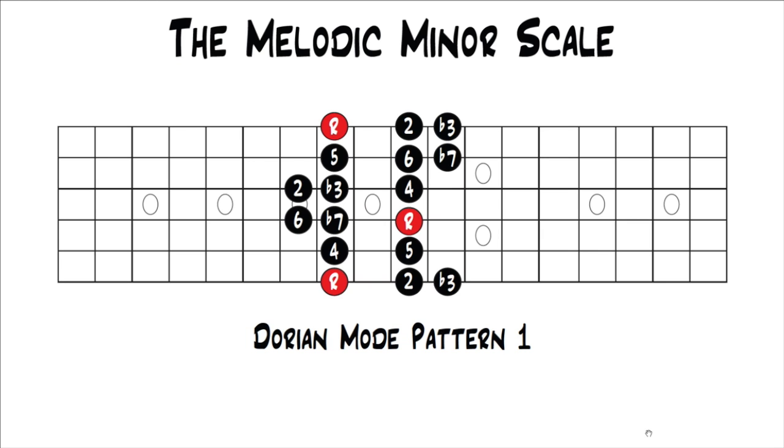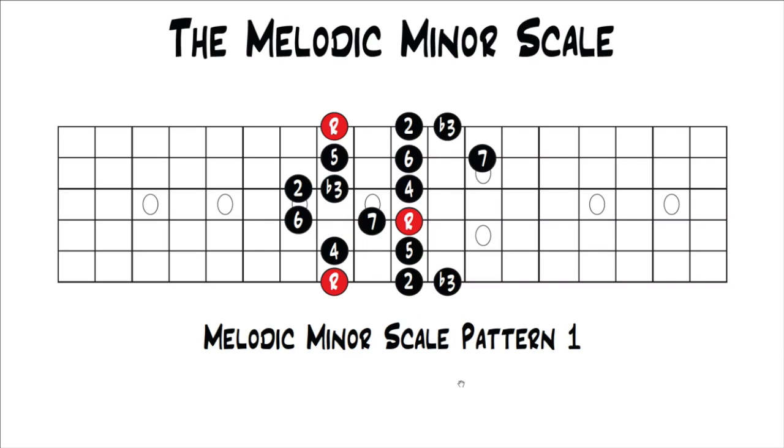Or what I like to do is take the Dorian mode scales, and the scale patterns from the Dorian mode, as you know, are the same as the scale patterns from the major scale. It's just you have different intervals. And Dorian mode pattern 1 is the same as major scale pattern 2, the fingering is. So if you started with Dorian mode pattern 1, you could get to your melodic minor scale patterns just by raising your flat 7s up to major 7s, and that would give you melodic minor scale patterns.